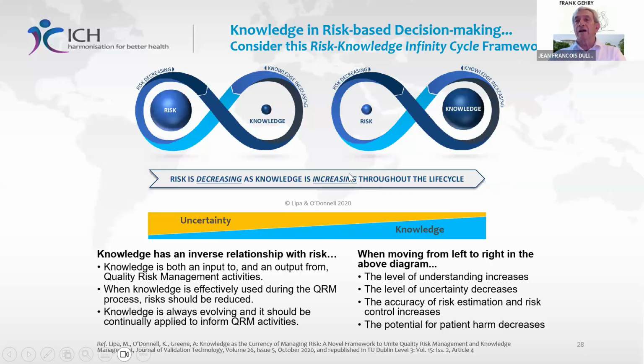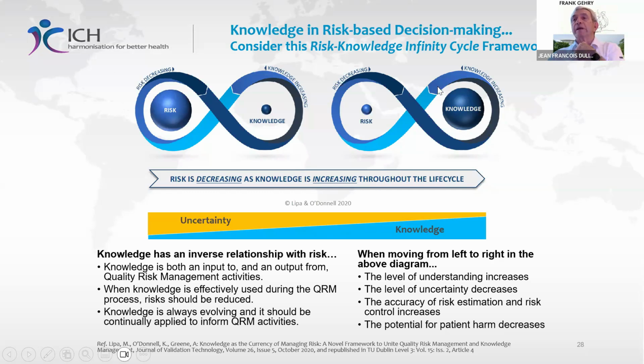And here we can see that the risk is decreasing as the knowledge is increasing throughout the life cycle. For instance, the higher the risk, the less knowledge we have of the process.